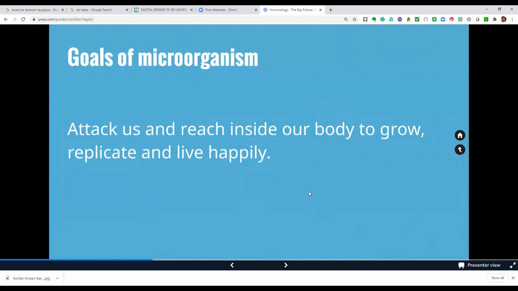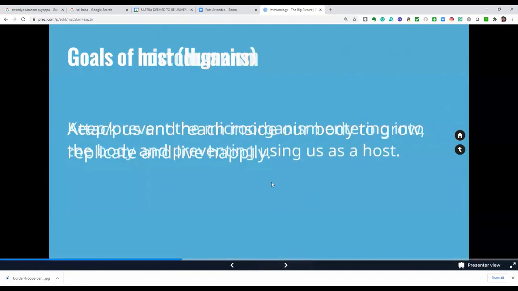Why do they really want to enter the body? Because they want to grow, they want to replicate, they want to reproduce. All of this they can do with the help of the host machinery, the human system or any other animal system. They do this because they want to live happily. Nothing wrong in that. That's the goal of the microorganism. So then what is the goal of the human or the host, any animal?